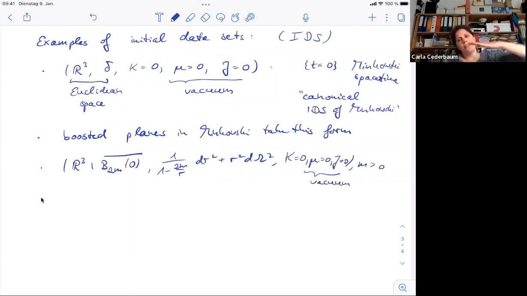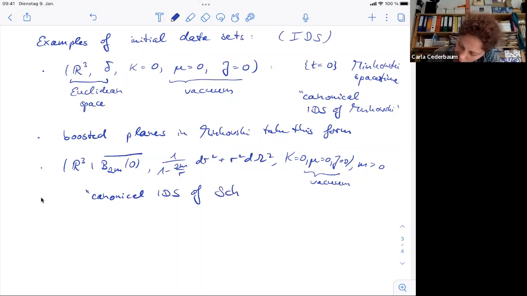This would be the canonical t equals 0 initial data set of the Schwarzschild spacetime. And this one, or the Schwarzschild spacetime in itself, would be very important also for today and for tomorrow.